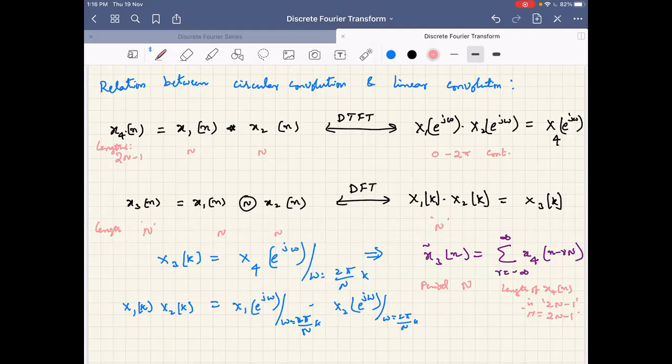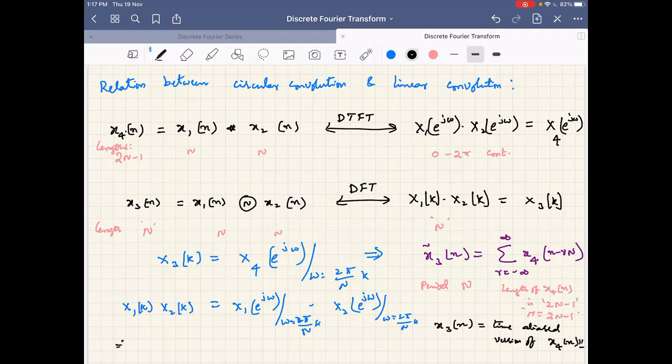So if I extract x3 of n, it is the time-aliased version of x4 of n.